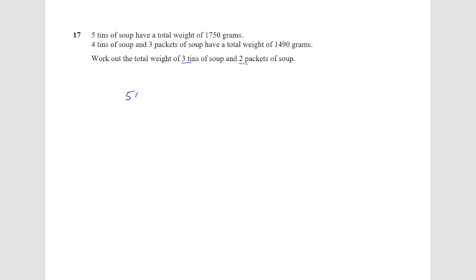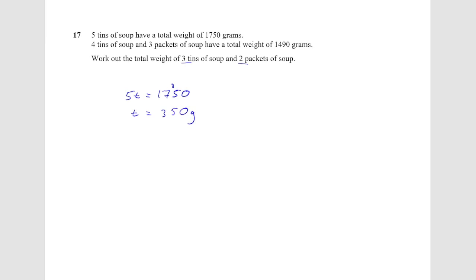So 5t is equal to 1,750. So t is going to be equal to, if we divide this by 5, then 17 divided by 5 is 3 with 2 left over, and then 25 divided by 5 is 5. So each tin is 350 grams.